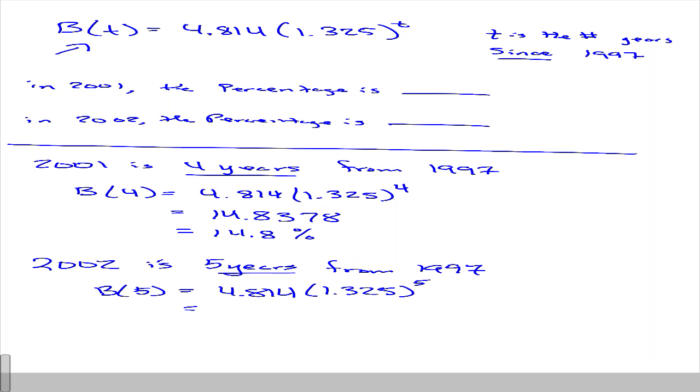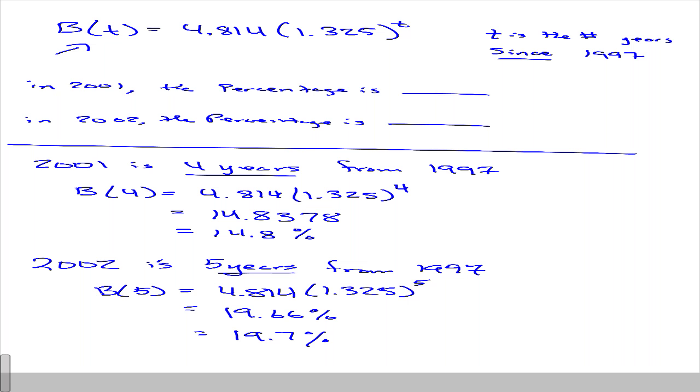Your exponents come before multiplication. So 5 years from now, in 2002, roughly 19.66% of executives will receive signing bonuses. So since it's to the tenth spot, 19.7 would be your final answer.